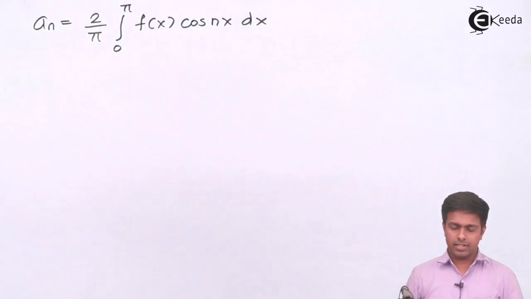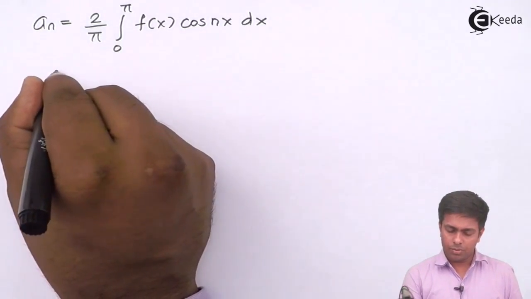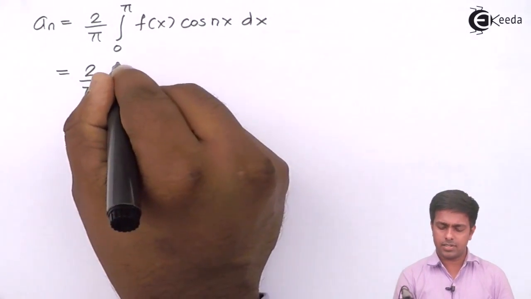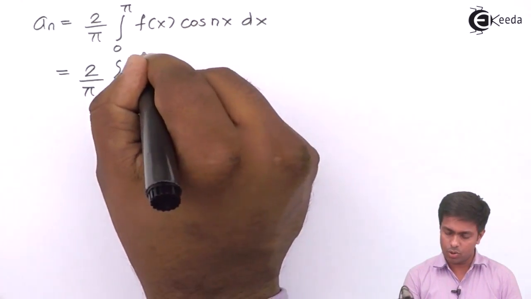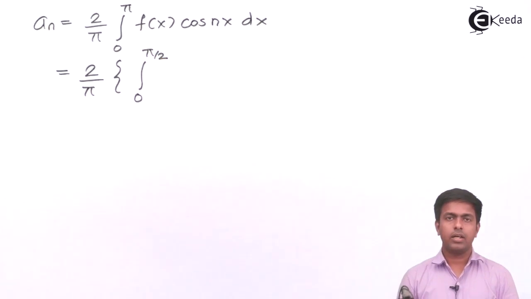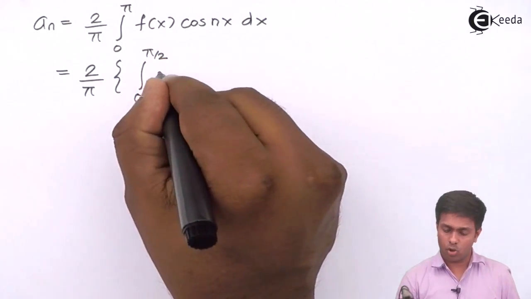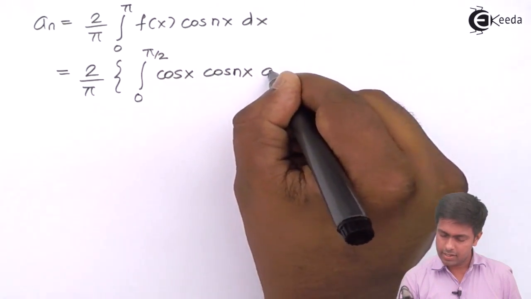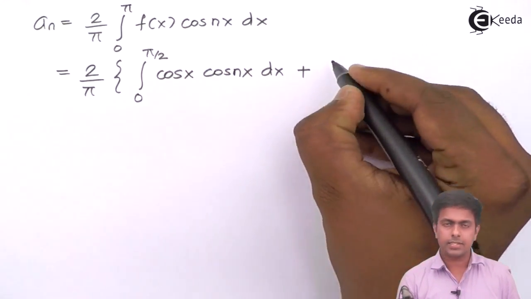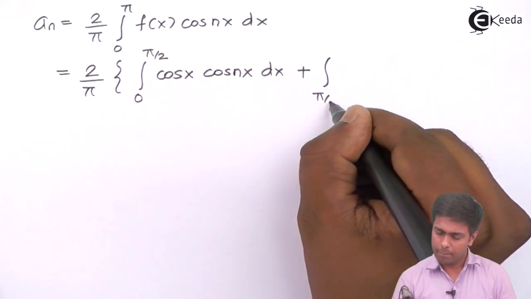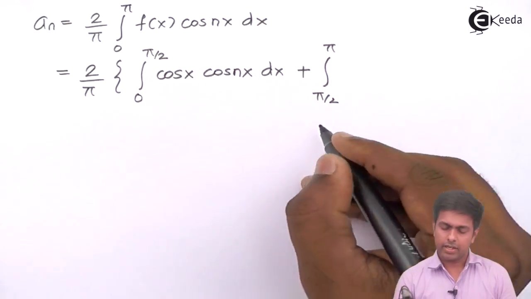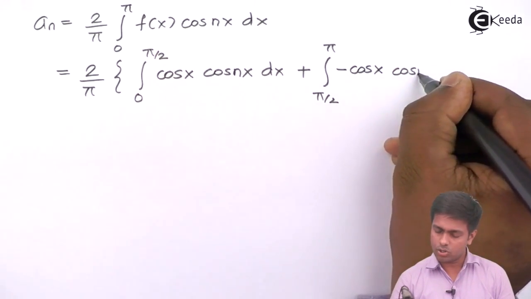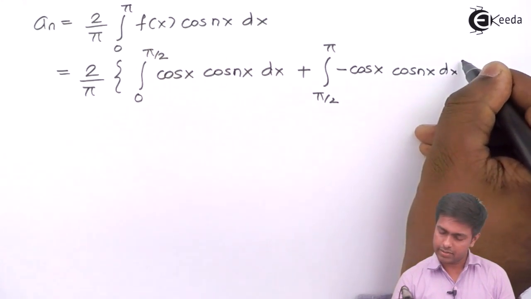Now guys, let's find it out. 2 by pi as it is, this range is divided into two parts. First is 0 to pi by 2, in which f of x is cos x, so cos x into cos of nx dx, plus the second range is pi by 2 to pi, in which f of x is negative cos x into cos of nx dx.